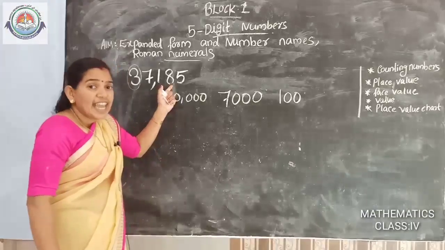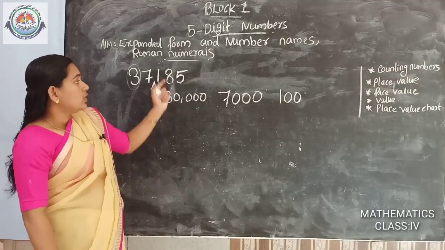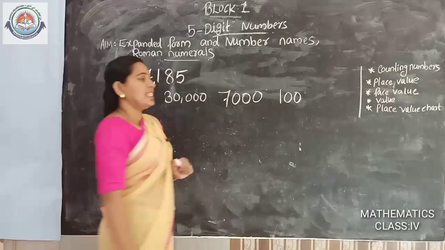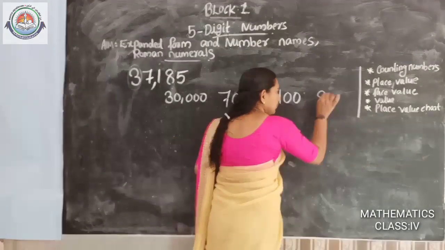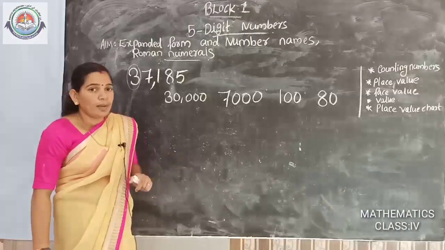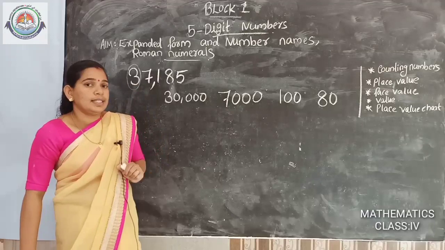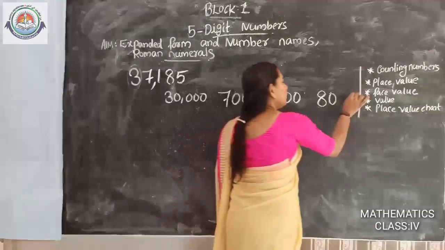Next digit is 8. 8 is in the position of 10. So the value of 8 is 80. Next digit is 5. 5 is in the place of ones. So the value of 5 is 5.